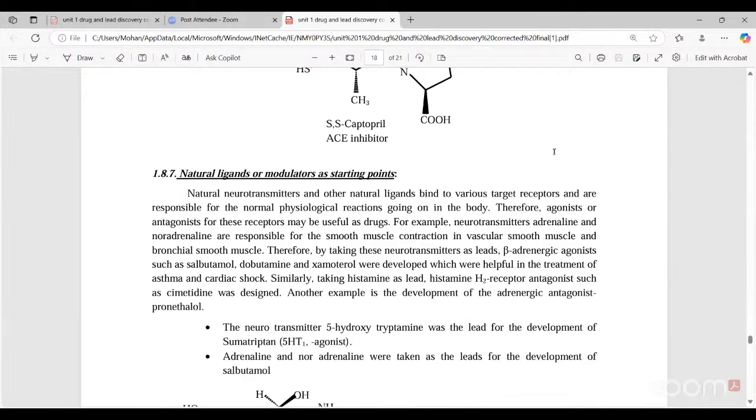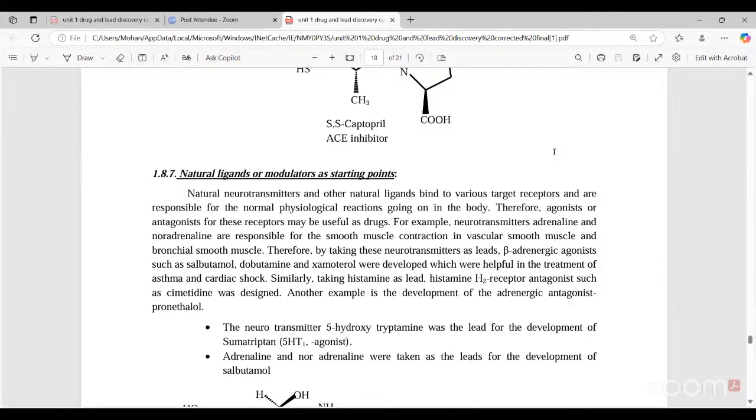For example, the neurotransmitters adrenaline and noradrenaline are responsible for smooth muscle contraction in vascular smooth muscle and bronchial smooth muscle. Therefore, by taking the neurotransmitters as leads, beta adrenergic agonists such as salbutamol, dobutamine and others were developed, which were helpful in the treatment of asthma and cardiac shock.